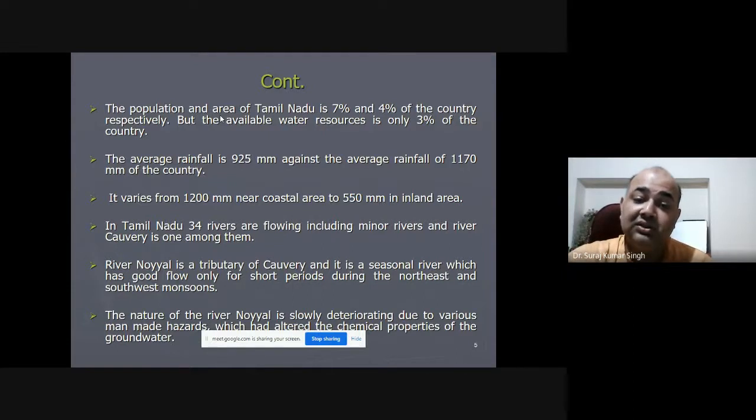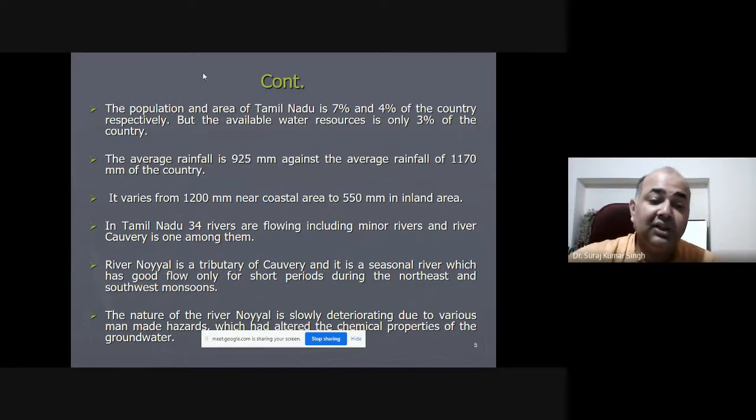It means you have tremendous pressure on your underground water resources. If you are not conserving it or using some scientific technique, you'll have a big challenge to sustain this entire population, because you cannot live without water.